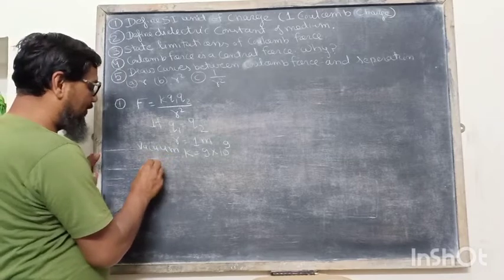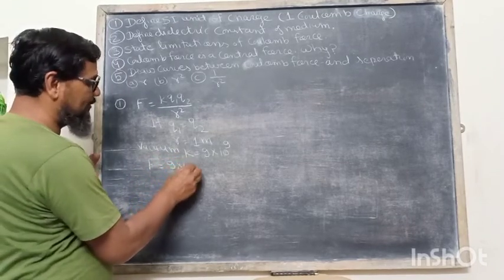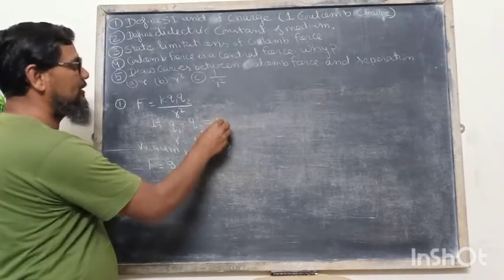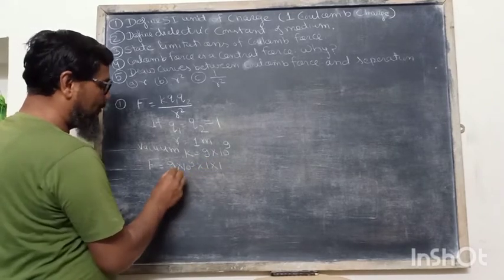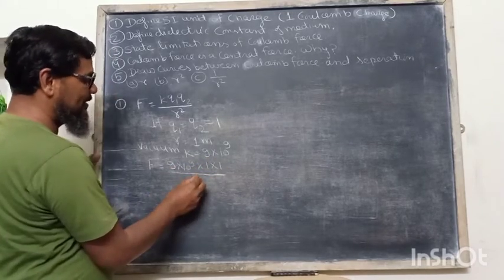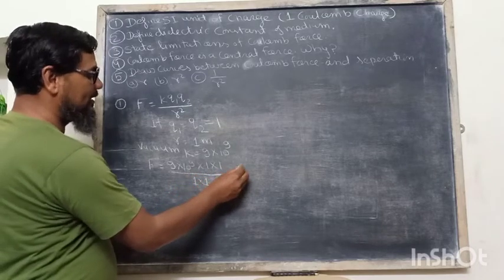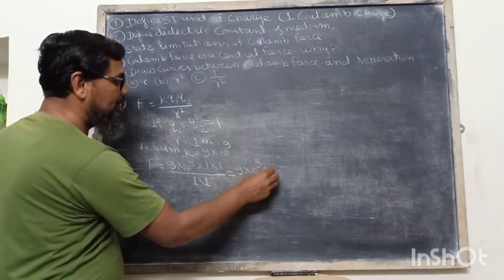So F is equal to 9 into 10 raised to the power 9 into 1 into 1 upon 1, and the total answer is 9 into 10 raised to the power 9 Newton.